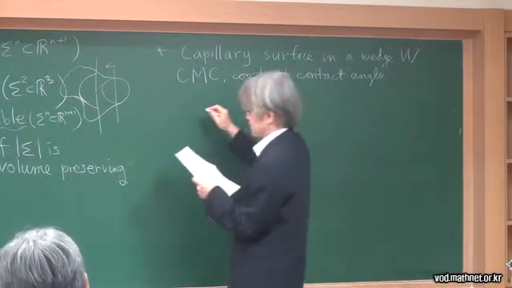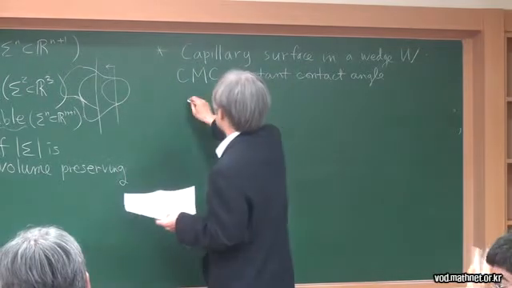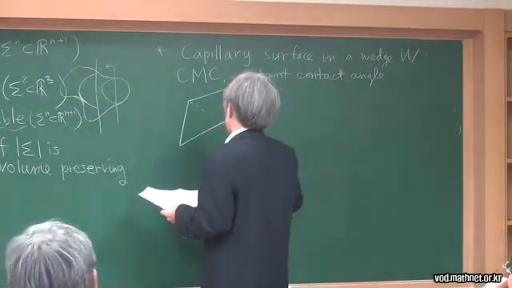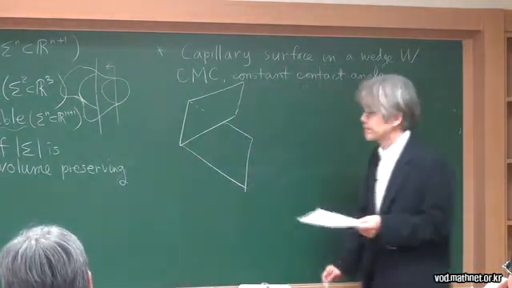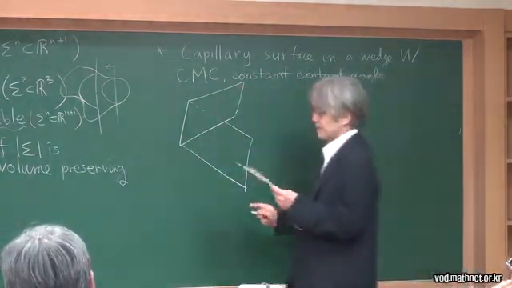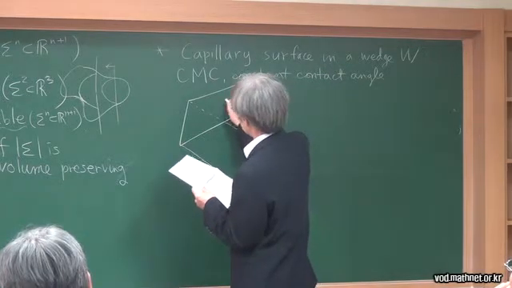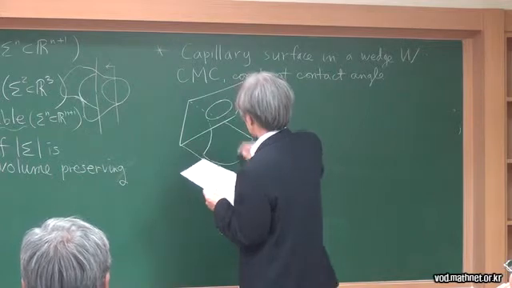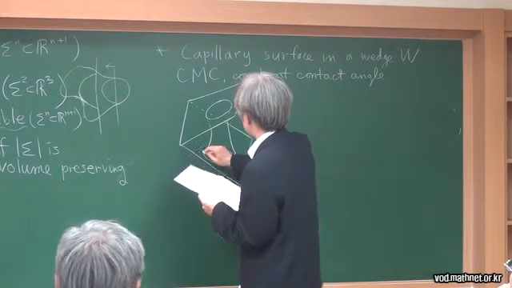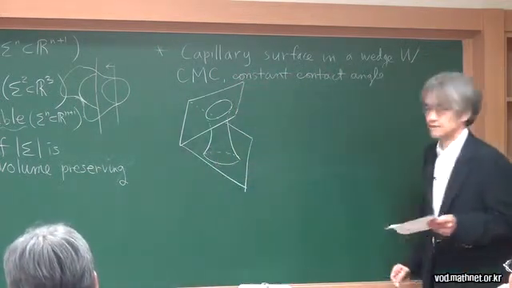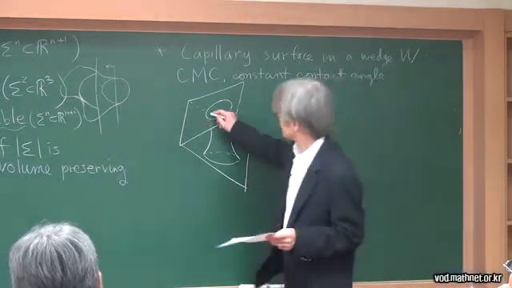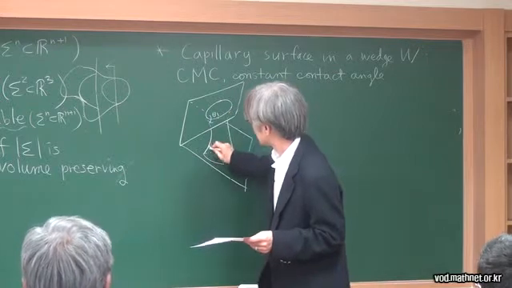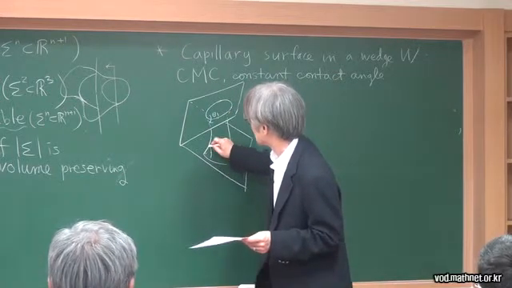Like, okay, so a wedge is the domain between two half planes, and this is a CMC surface, but the contact angle is theta 1 and this angle theta 2.